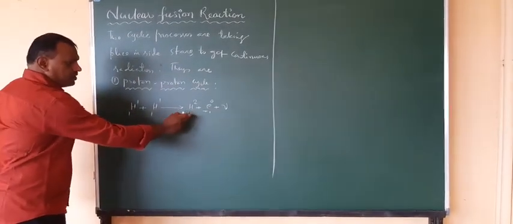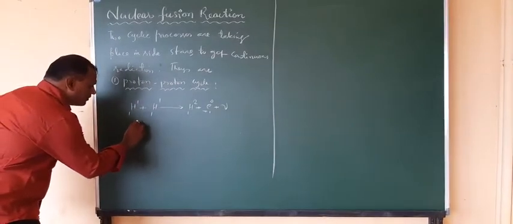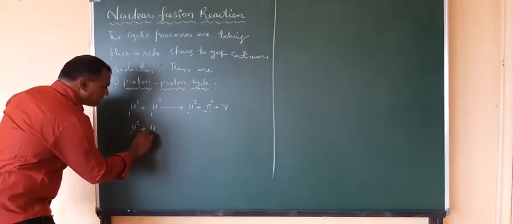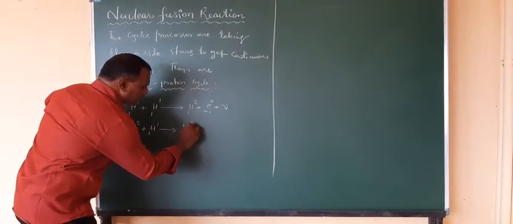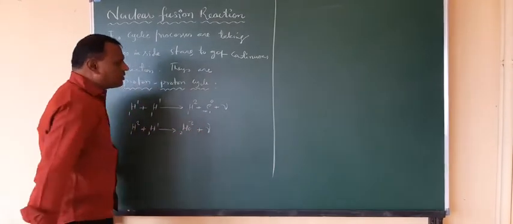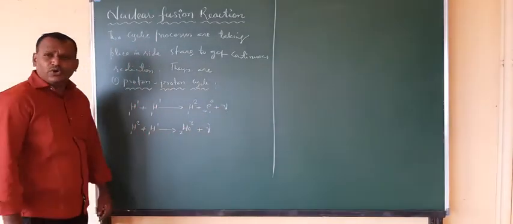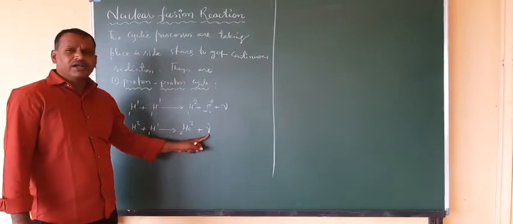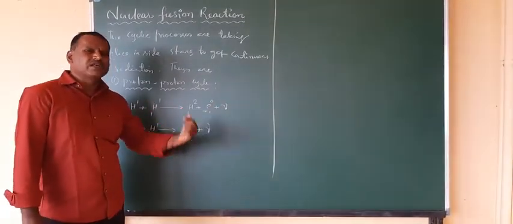This unstable deuteron combines with one more proton and gives you a helium isotope along with some gamma. This is a nu, that is neutrino. This is gamma, it is energy or radiation. Here also you get energy, but here it is represented as a gamma.